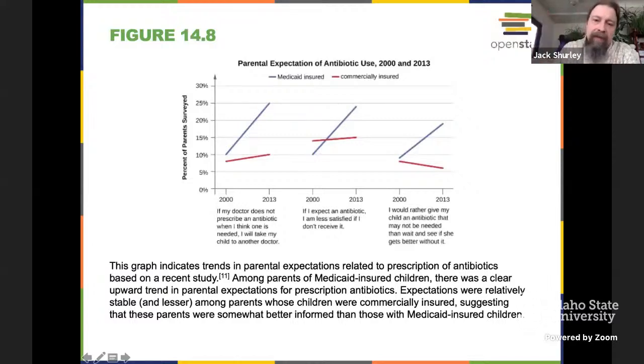Well, let me hit this real quick and then we will stop. So this is kind of interesting to me. It's a little bit disturbing. This is parental expectation of antibiotic use from 2000, and then another survey, 2013. We're looking at Medicaid insured and commercially insured individuals, and the expectations are definitely varied between the types of insurance.